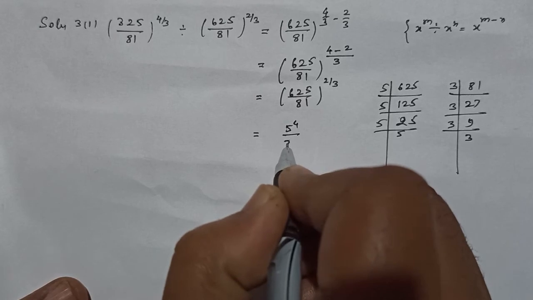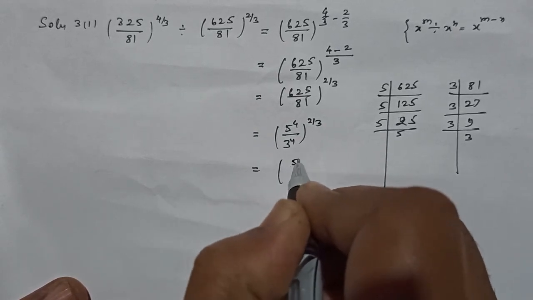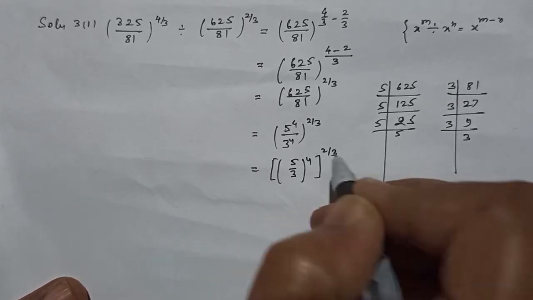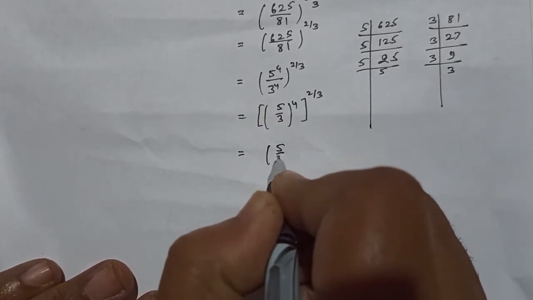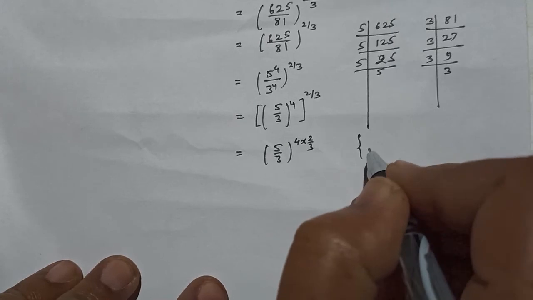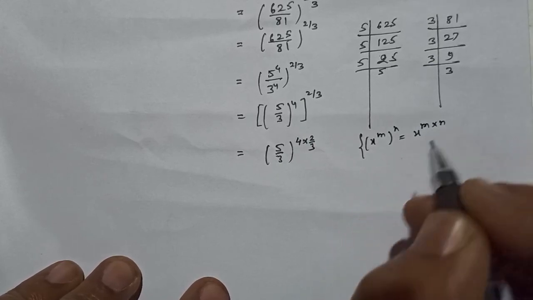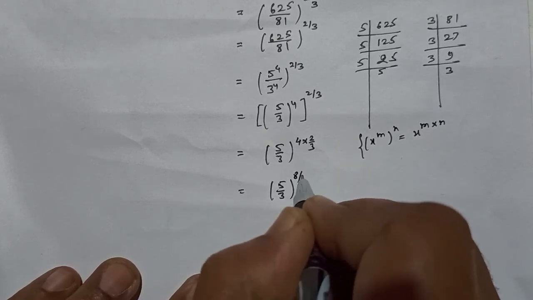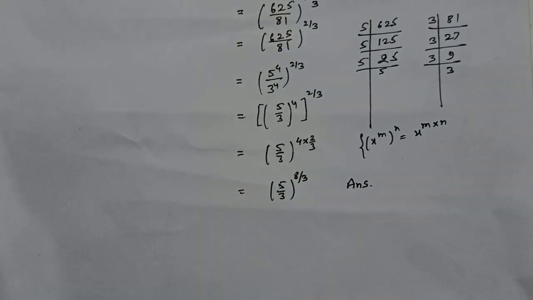So 5 to the power 4 upon 3 power 4 whole to the power 2 by 3, which is 5 upon 3 to the power 4 whole to the power 2 by 3. 5 upon 3, 4 multiplied by 2 by 3, using x to the power m whole to the power n is equal to x to the power m multiplied by n. 5 upon 3 whole to the power 8 upon 3. Answer. Thanks for watching my video.